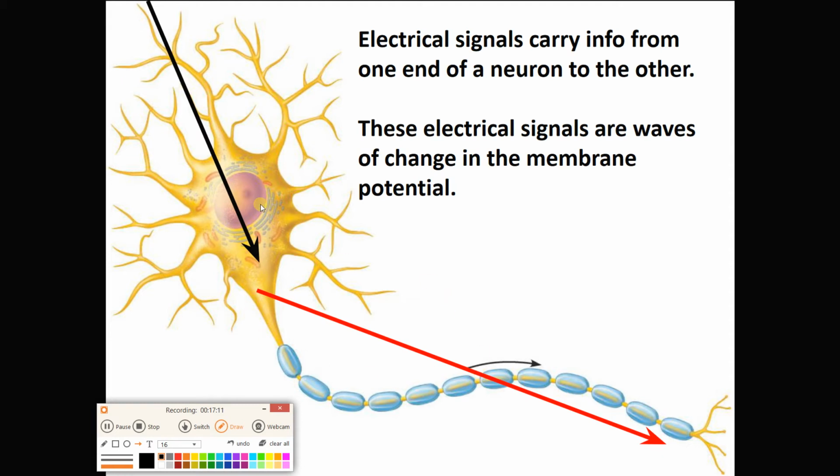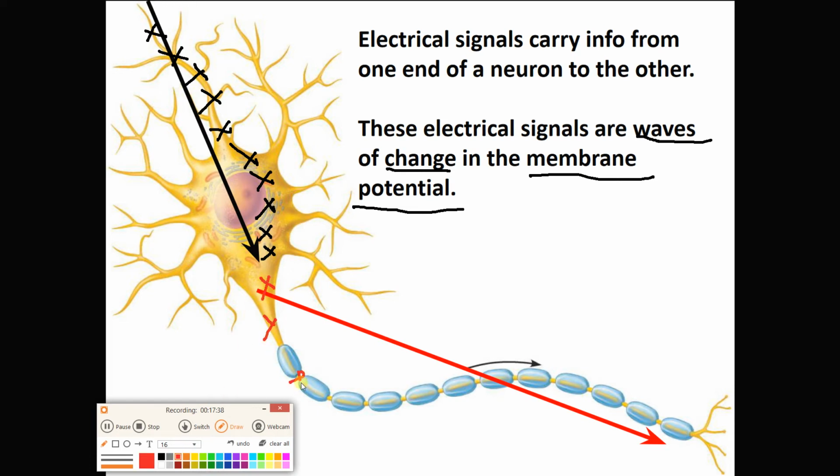The electrical signals, they are waves of change in my membrane potential. And I talked about this earlier. The membrane potential changes up here, which makes it change in the next spot, and the next spot, and so on, all the way down. The wave of change in the membrane potential goes all the way down.